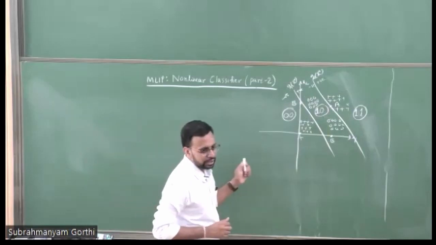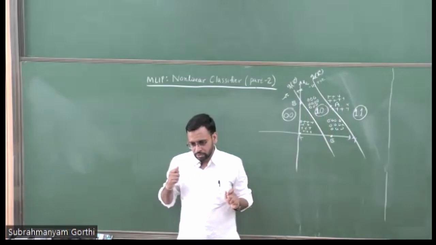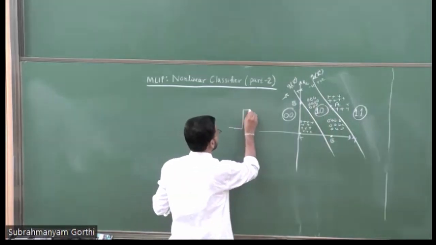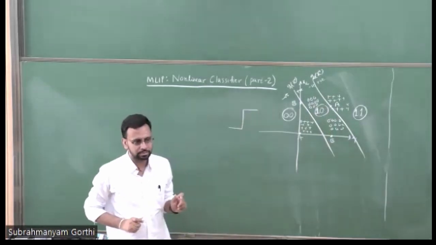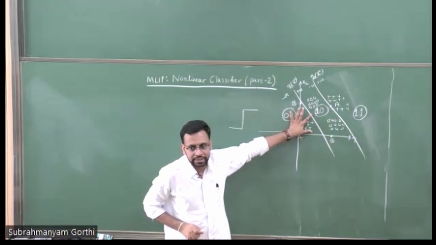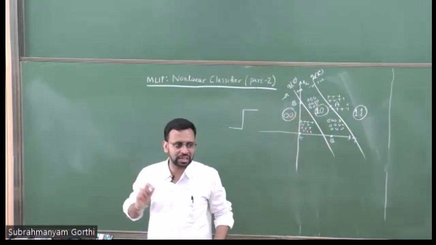Another important point that was mentioned in the previous class is that when you are using a simple step function as your activation, the whole region there is getting mapped to what? This was mentioned at the end of the last class.